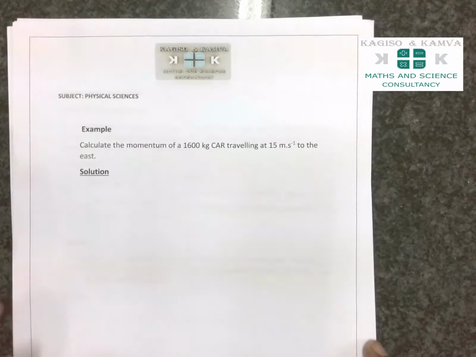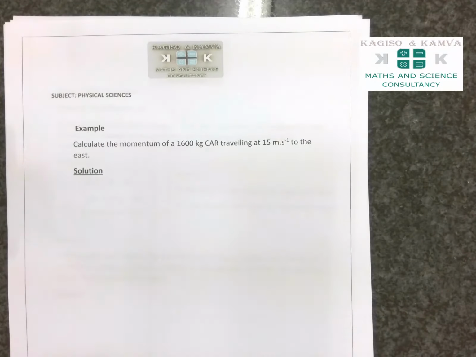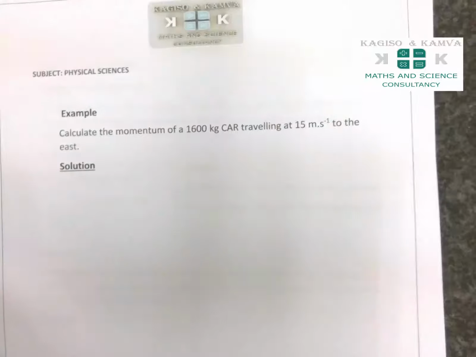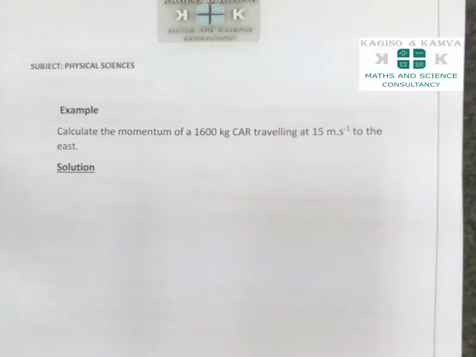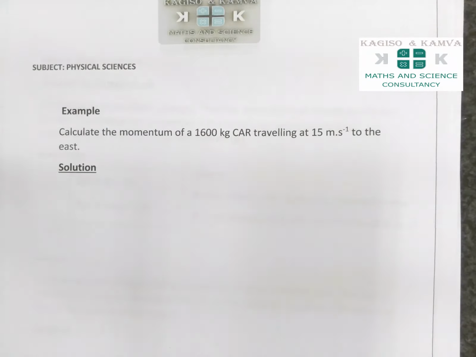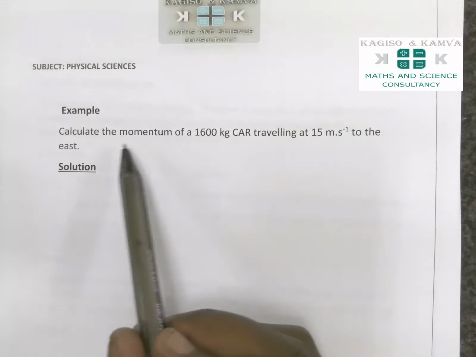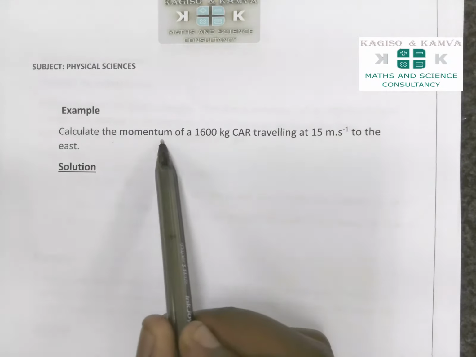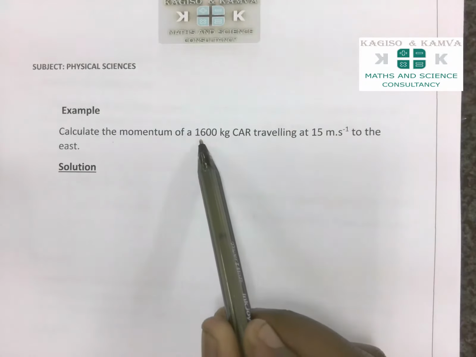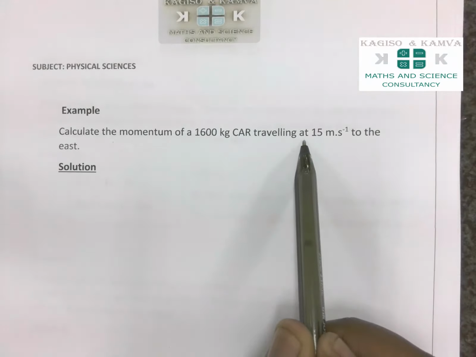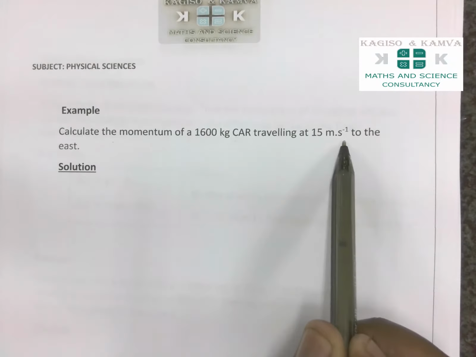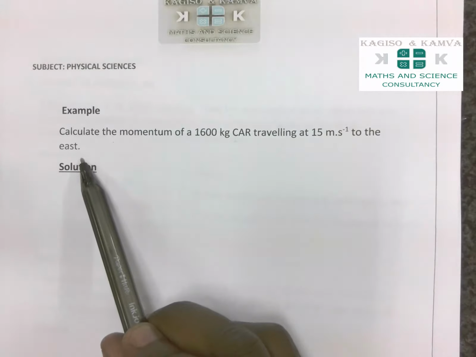Now let us do an example. We are asked to calculate the momentum of a 1600 kg car traveling at 15 meters per second to the east.